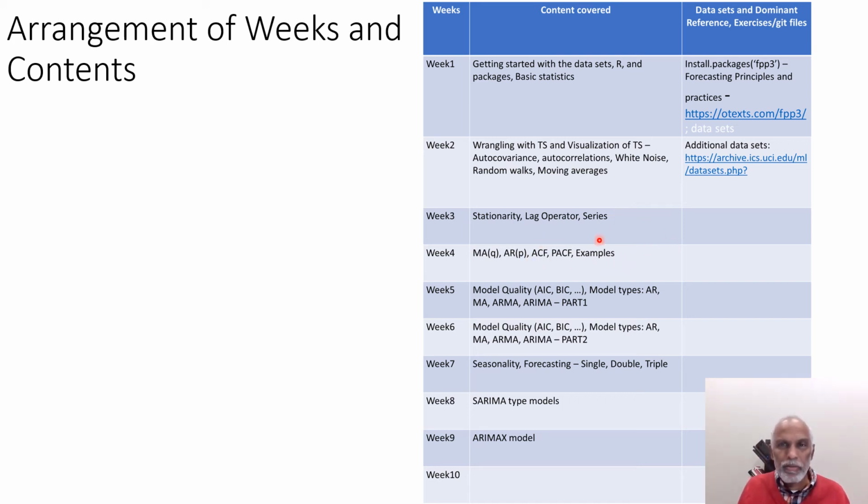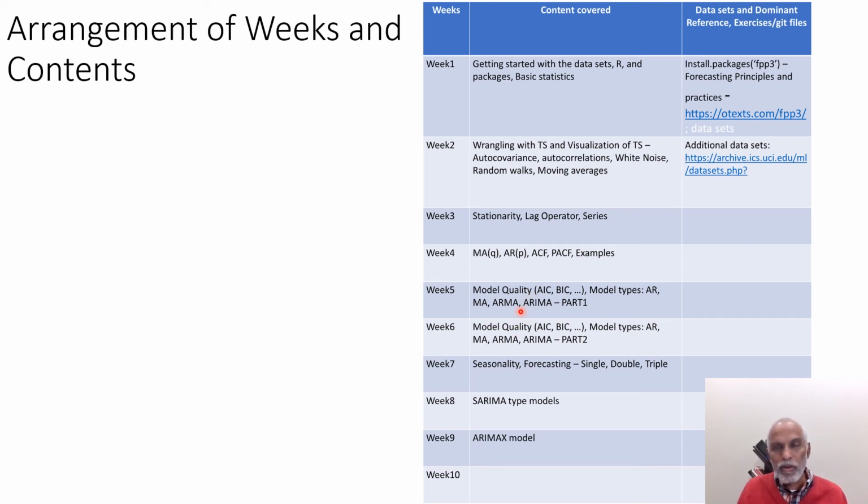Then the following week we'll talk about stationarity and the lag operator, and quite a bit of sophisticated work we'll cover in the 4th, 5th, and 6th weeks. That's where the moving average models of order q and autoregressive models of order p, the autocorrelation function, and the partial autocorrelation function come in. We will discuss all those things and do some great examples as cases.